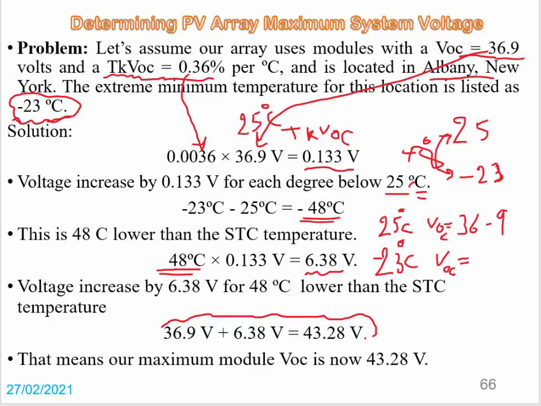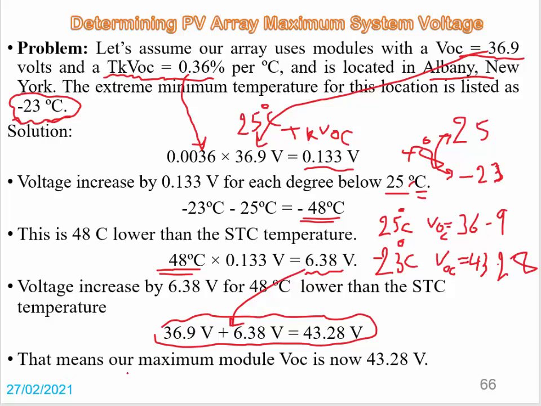From this formula: 36.9 plus this value 6.38, and we have 43.28.